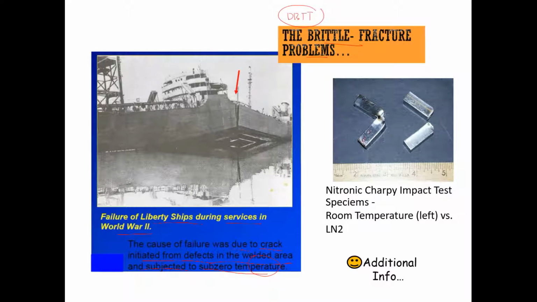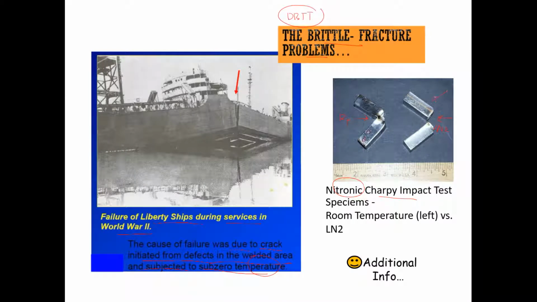Another thing is this Charpy impact test, where we use nitronic specimens. This is at room temperature, and this is in liquid nitrogen. We know that liquid nitrogen is very, very cold.